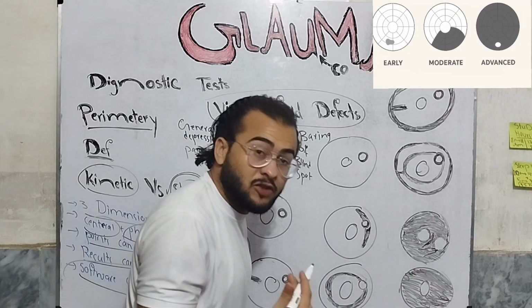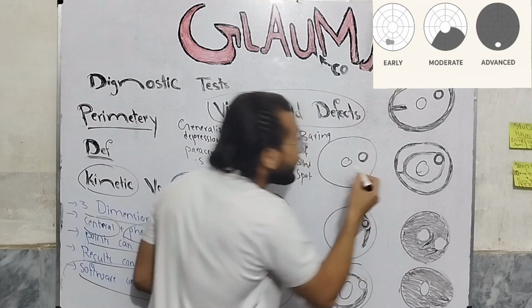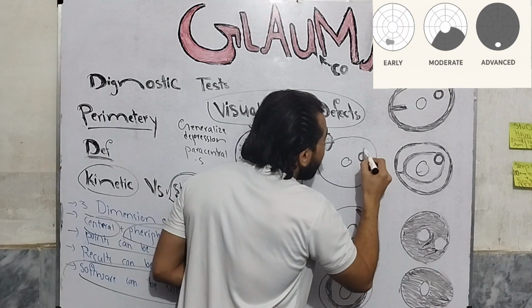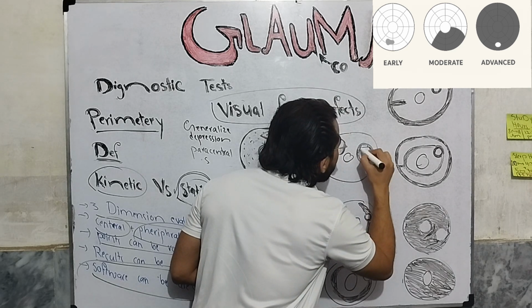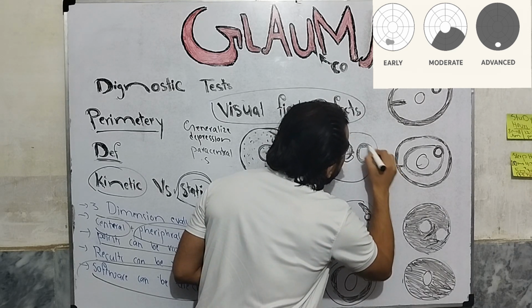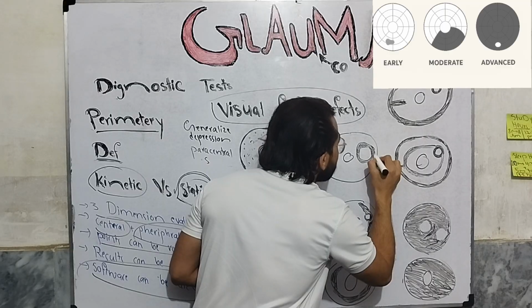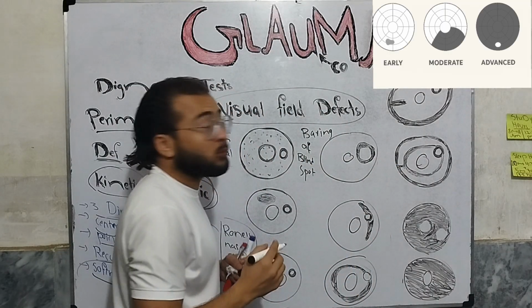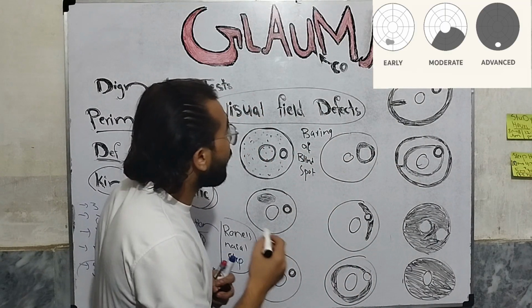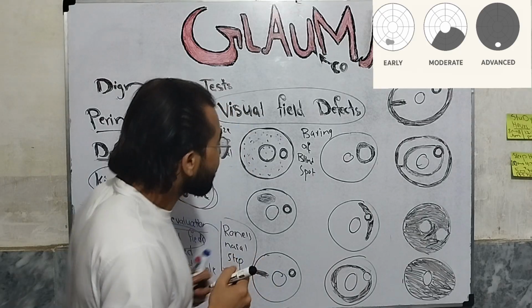It is a natural blind spot. This natural blind spot can expand. This expanding of the natural blind spot is called baring of the blind spot.